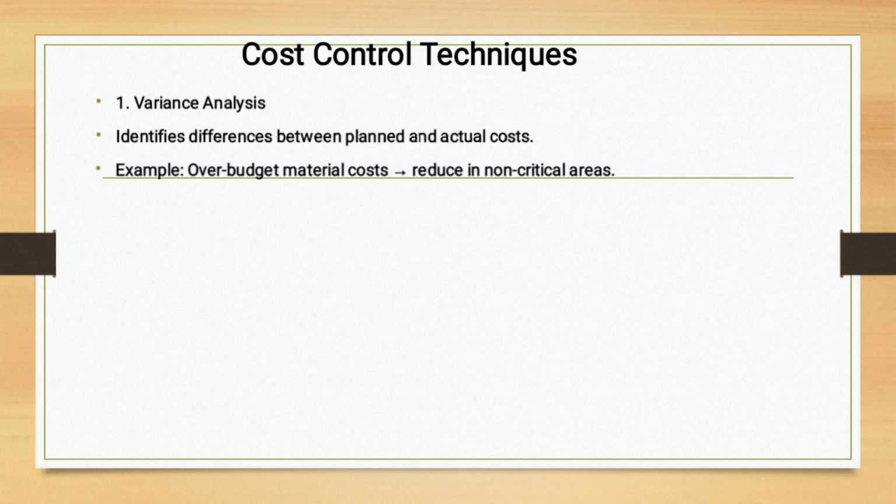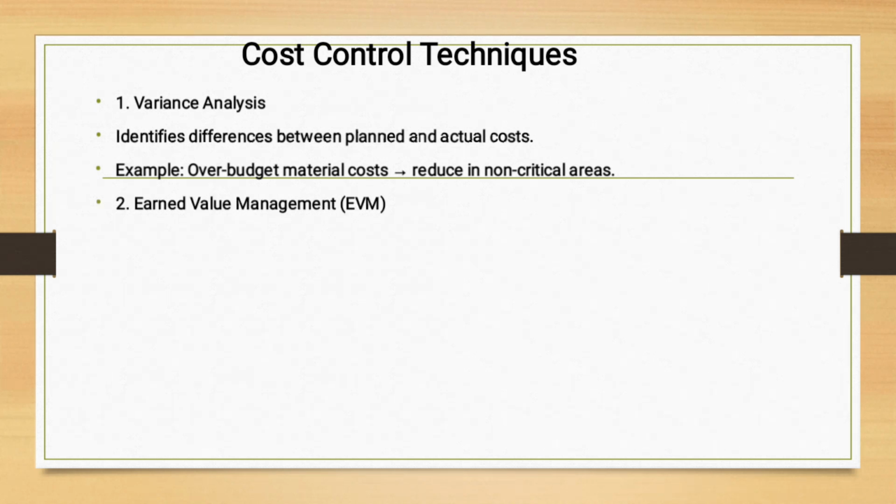So let's say you have gone to the market and you find that the cost of things at the market has gone up. What you're going to say is that I'm going to take the money from these things which I can reduce, and that particular money I'm going to add towards the things which, no matter what, I'm supposed to keep constant for my project to run smoothly.